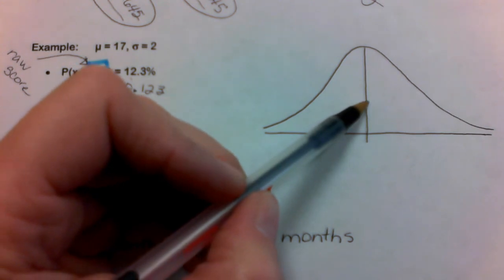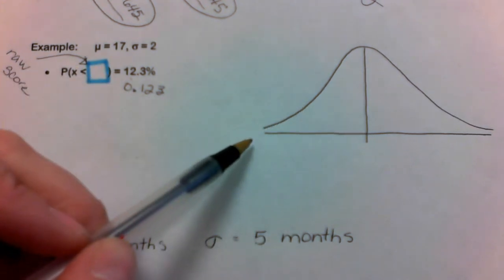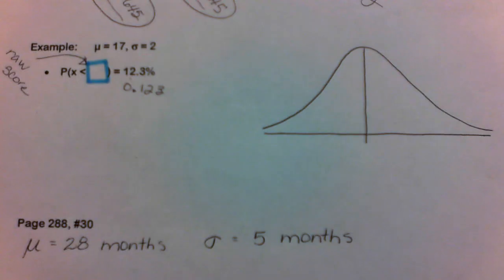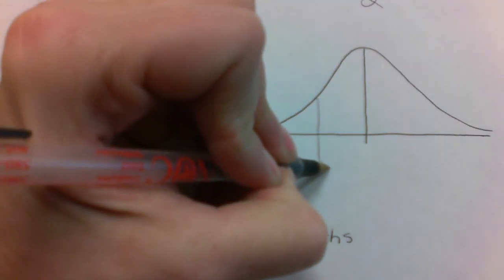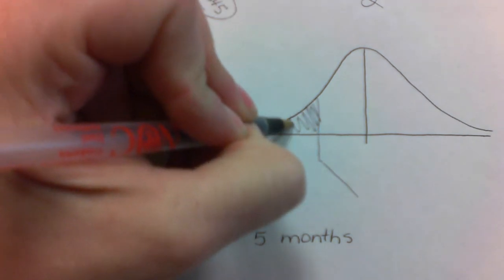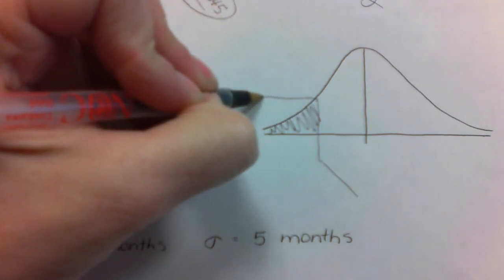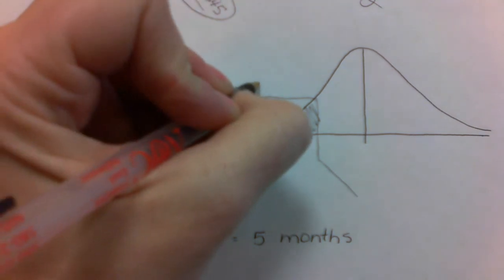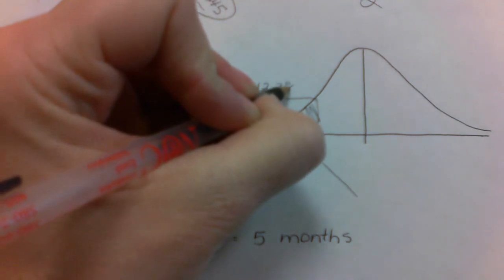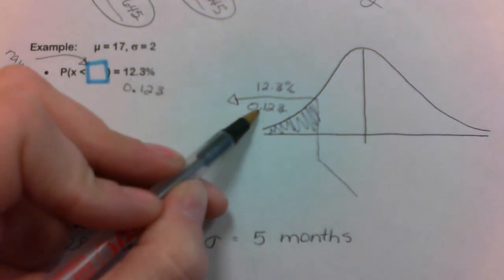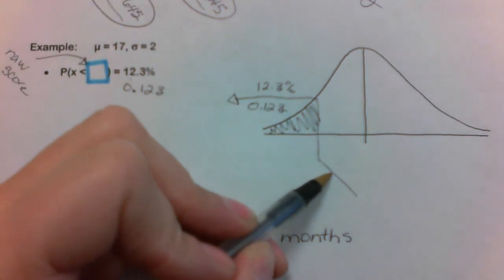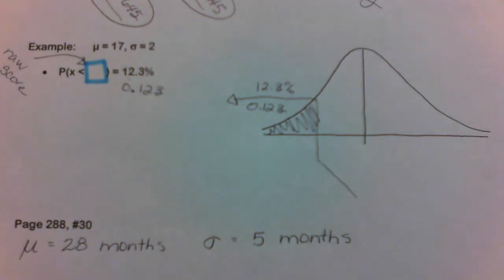So I know I'm going to shade in to the left. Well, again, from mu to the left is 50%, and I'm shading less than that. I'm shading 12.3%. So I'm shading this amount, which is 12.3%, or 0.123. So this is the number I'm going to look for on the table on the negative z-value side. Let me get another one because I keep writing on these.